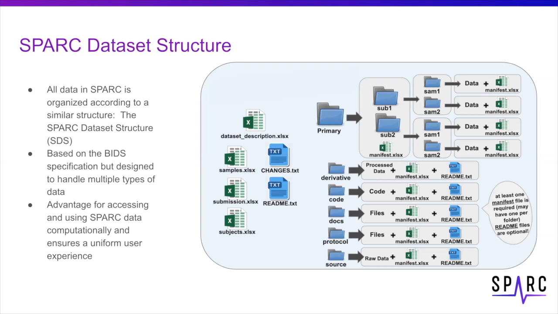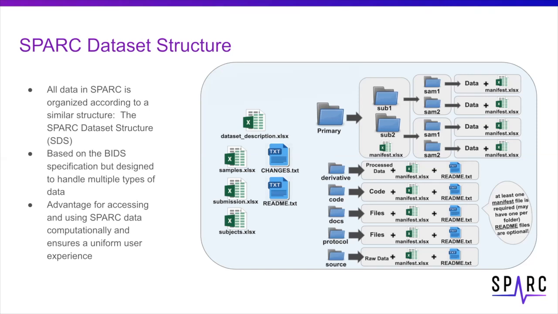For those of you who might be familiar with it, whereas BIDS is generally organized around a single modality, so MRI data sets or functional MRI data sets or any specific data type, SPARC deals with so many different multimodal data sets that we had to basically modify it so that we could handle all of the different types of data that were coming into SPARC.